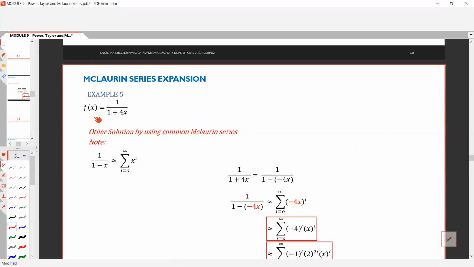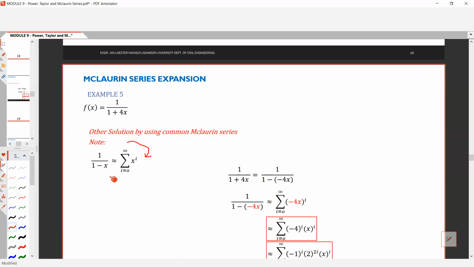Kapag nakakita ka ng itsurang ganito, automatically we can write it in this form. Take note that this is the common Maclaurin series we recalled.